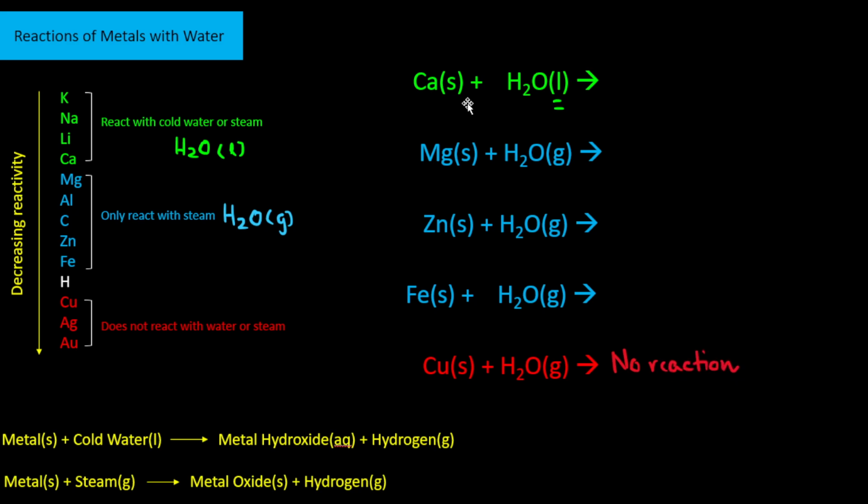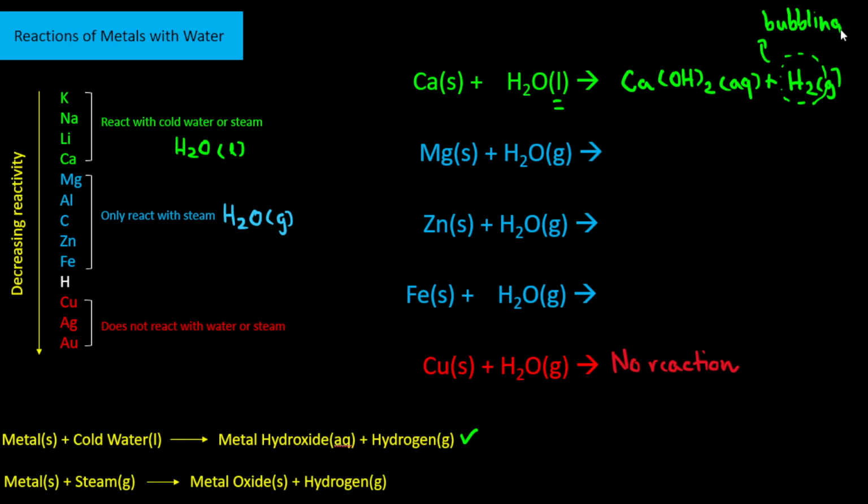Alright, so if we know about it, let's go ahead and do these ones. Okay, alright, calcium plus water, you would be getting calcium hydroxide aqueous plus hydrogen gas. Okay, as per your equation here, and try to notice that whenever you have hydrogen gas as your product, right, you would see bubbling.